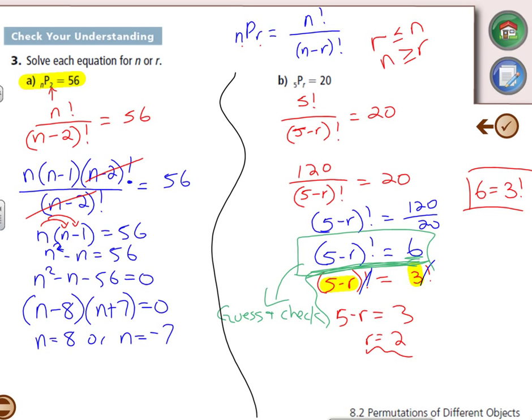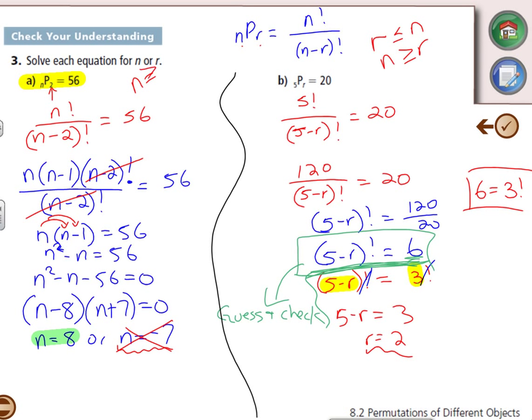But wait. That's meaning out of 8 options, choose or pick 2 of them. Okay, that makes sense. The next one says, out of negative 7 objects, pick 2. Well, we can't have negative 7 objects to start with. That don't make any sense.